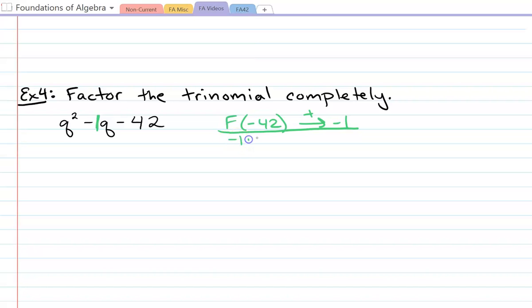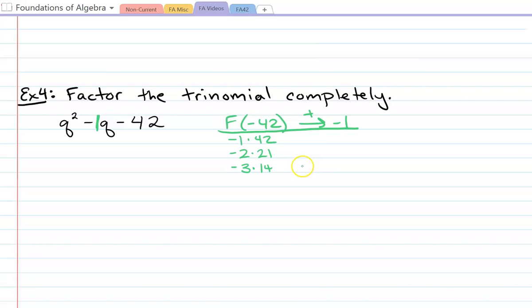So negative 1 times 42, add that, we get 41, way too big. What about negative 2 times 21? Add those, we get 19, still too big. What about negative 3 times 14? That's getting better, but it's still too big.